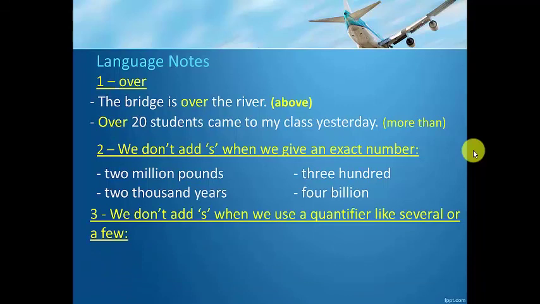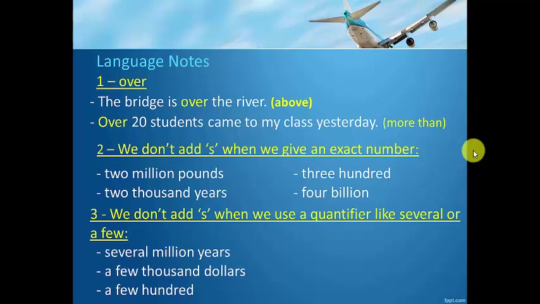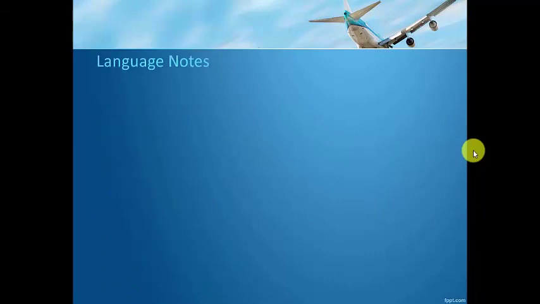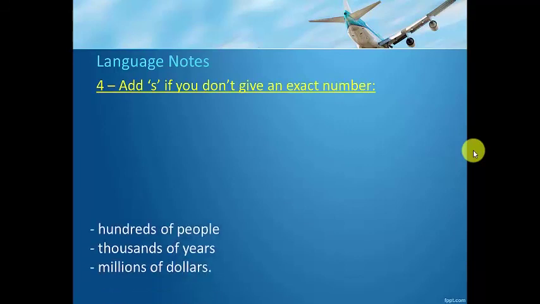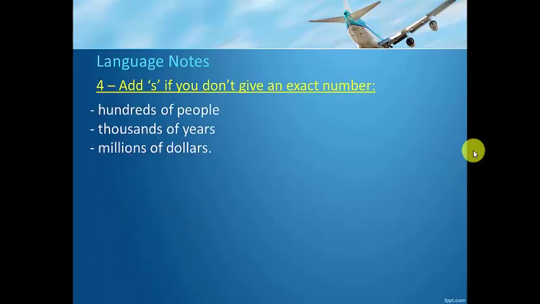We don't add s when we use a quantifier like several or a few. Like several million years, a few $1,000s, a few hundred. Number 4, add s if you don't give an exact number, like hundreds of people, thousands of years, millions of dollars, and so on.